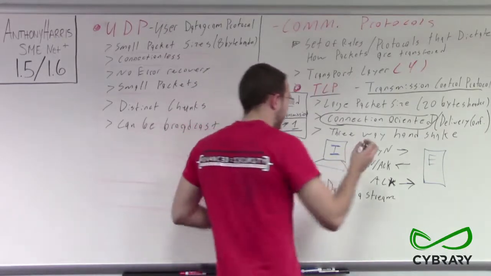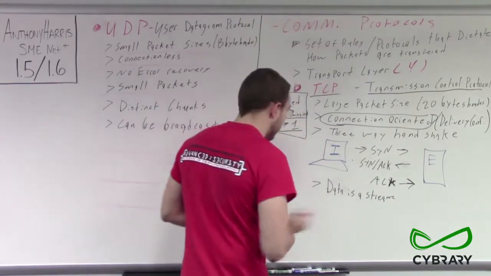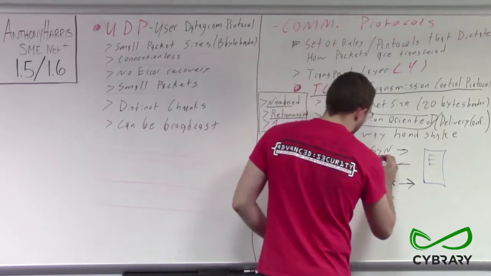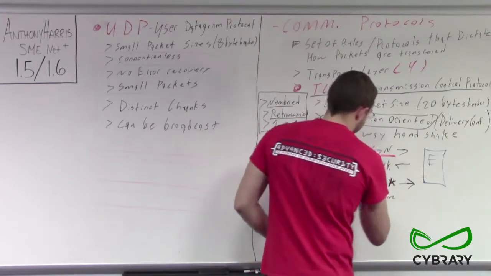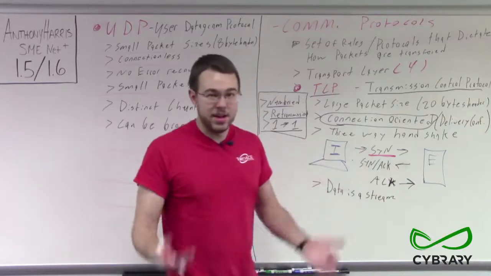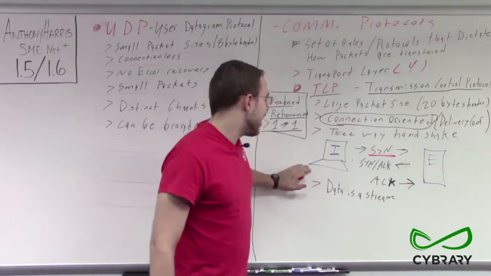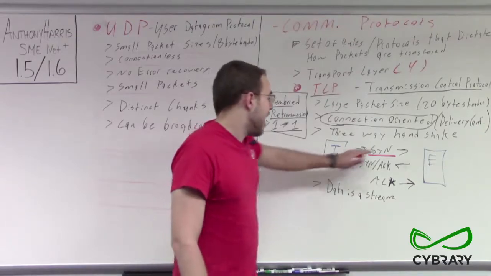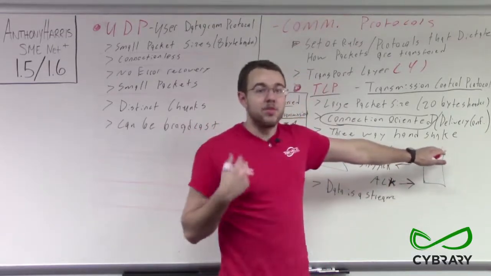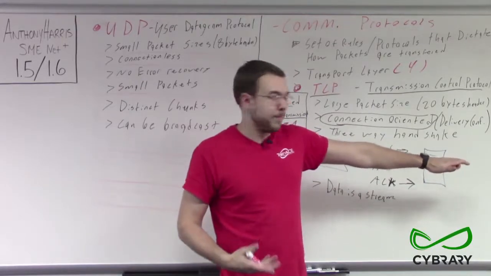The first part of our three-way handshake is that the initiator is going to send a SYN message, a synchronize message, also commonly referred to as a SYN message. This SYN message is our initiating party saying, hey, I need to synchronize with you and make sure that we can talk before I just start randomly sending you data.